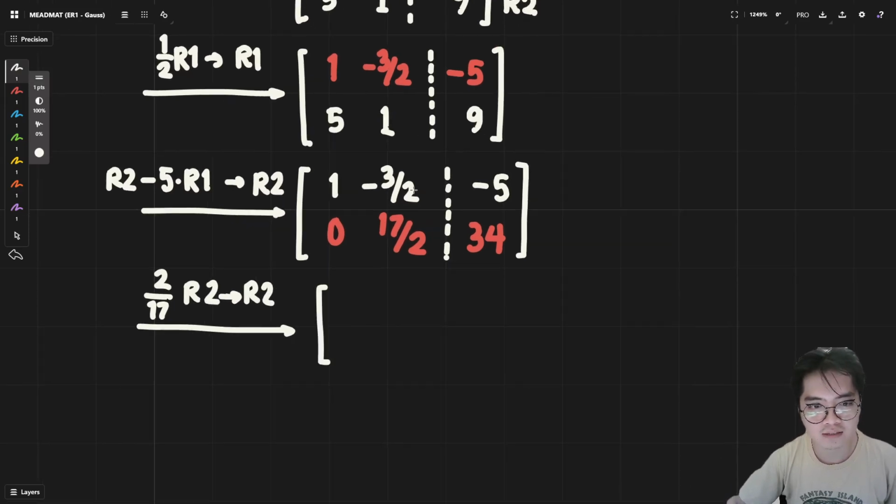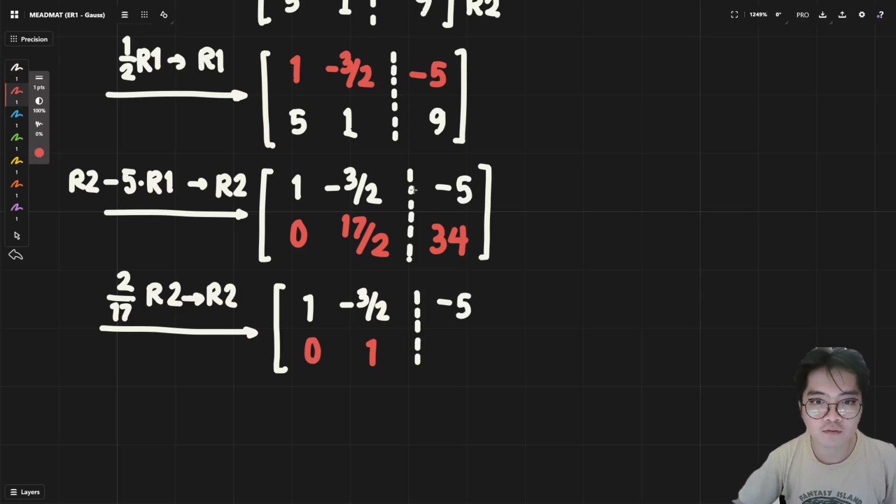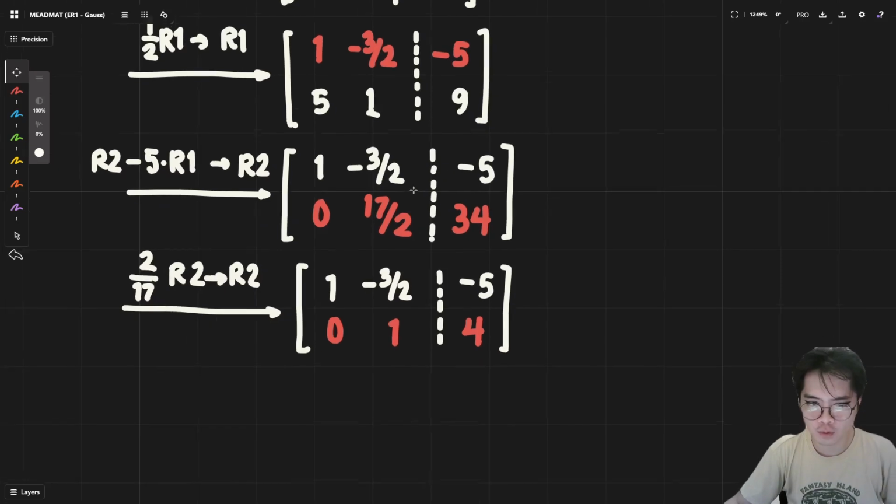So in this case, we will have 1, negative 3 over 2, negative 5. And now we will have 0 and then 1. And then if we multiply this by 2 over 17, cancel, you have a 2. 2 times 2 is 4. Where have we seen that value of 4 before?